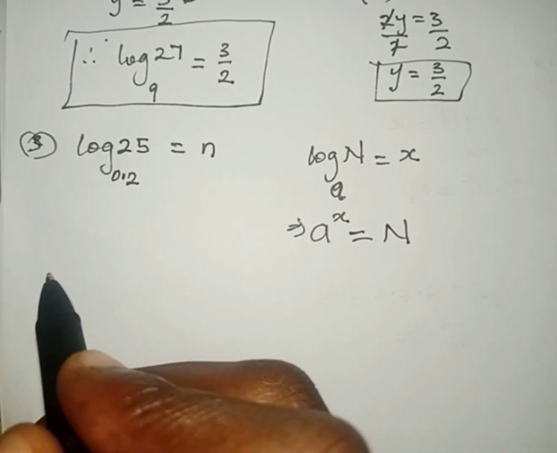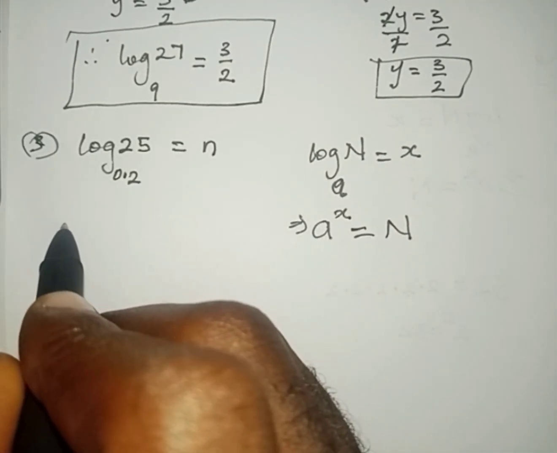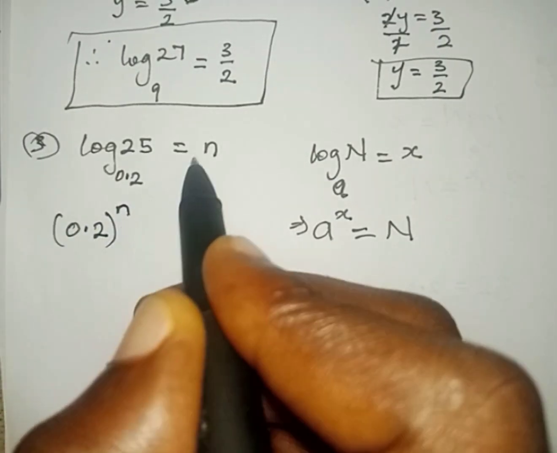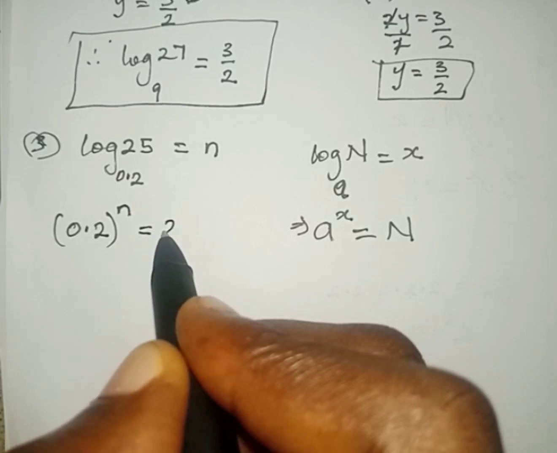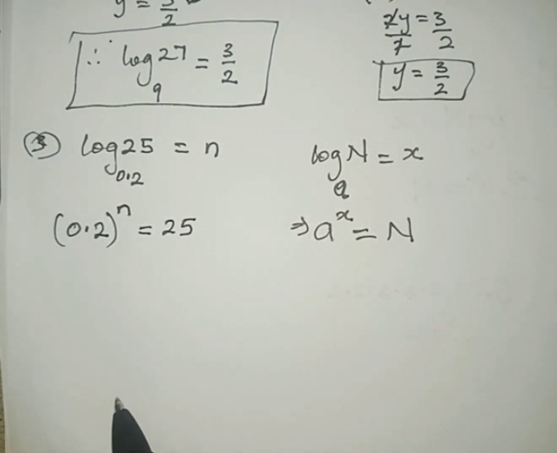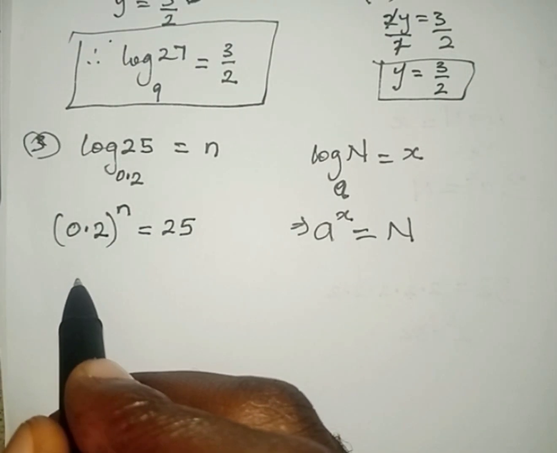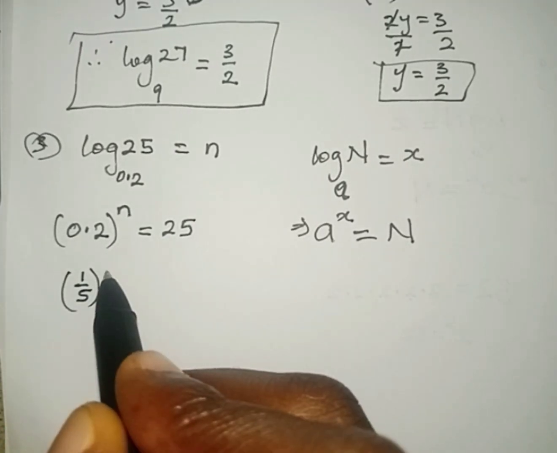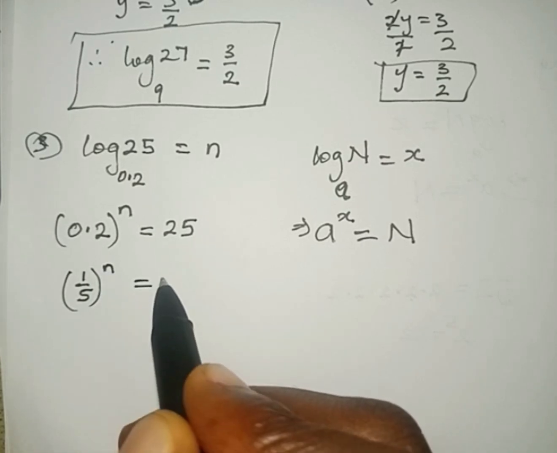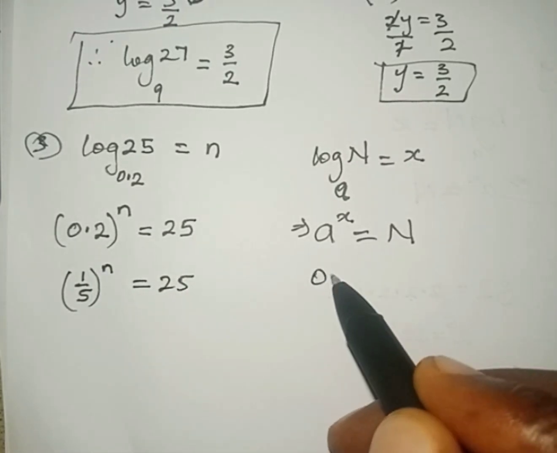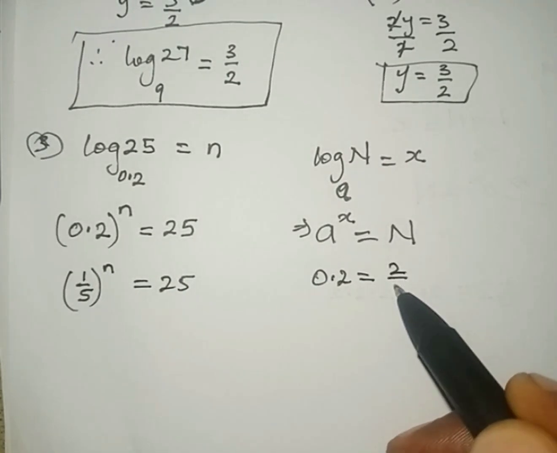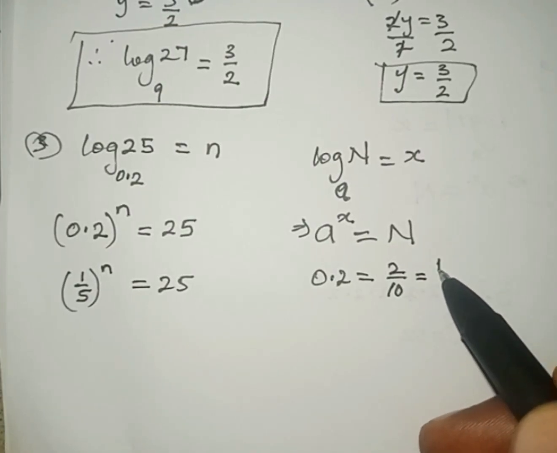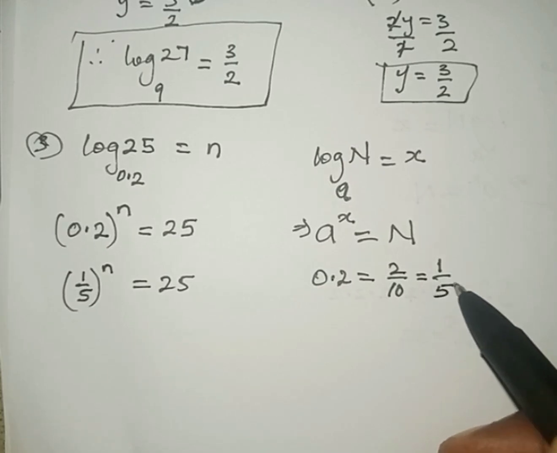So from that definition, we know that 0.2 raised to power n is equal to 25. 0.2 can be written as 1 over 5 in fraction: 0.2 is 2 over 10, 2 cancels itself, 2 goes into 2 once, 2 goes into 10 five times.